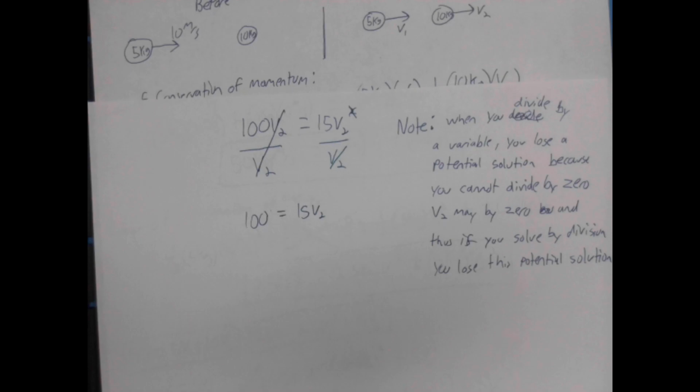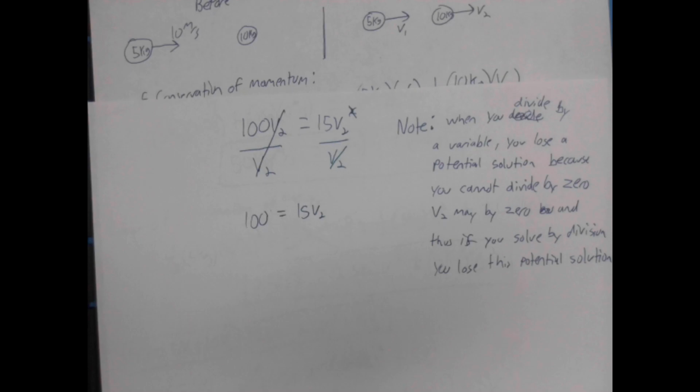So 10 minus 2 times 6.66 repeating, and that's equal to negative 3.333 repeating meters per second. So that's our final solution.